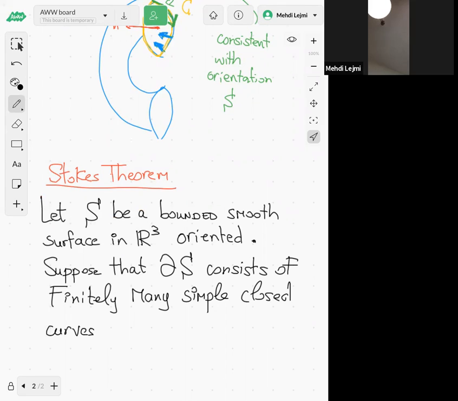And as I said, sorry, the orientation of the curve must be fixed. So the boundary curves are oriented, and the orientation of the boundary must be consistent with the orientation of the surface, as I explained before. So oriented consistently with S.